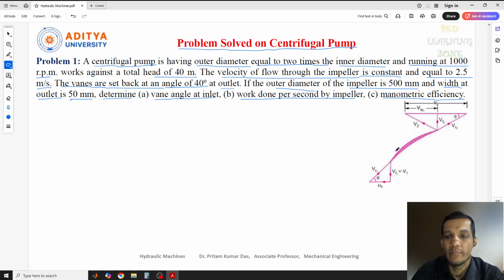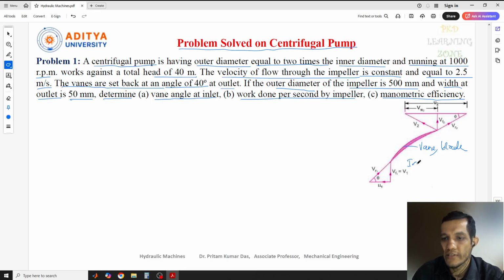For this problem I have already taken the diagram from the book. This is the vane, or we can say the blade of the pump, and this is the inlet velocity diagram, and this is the outlet velocity diagram.